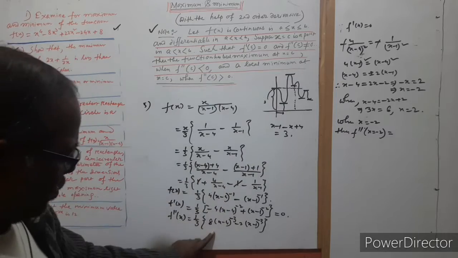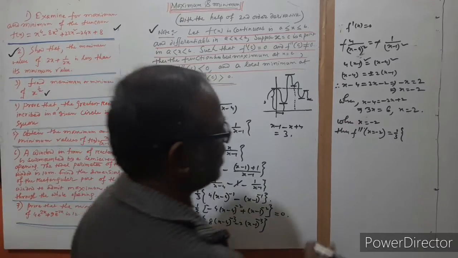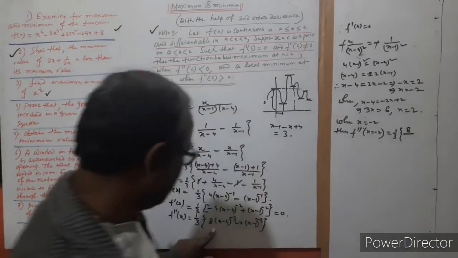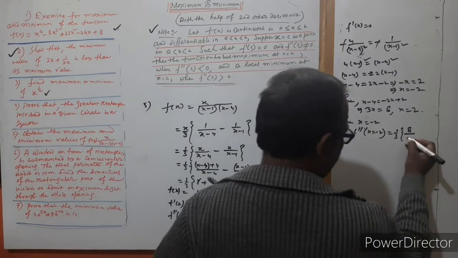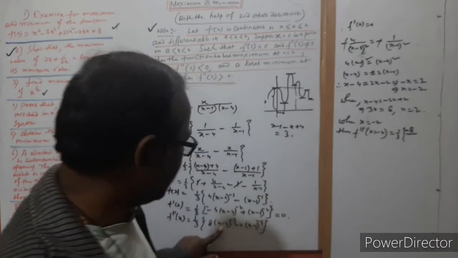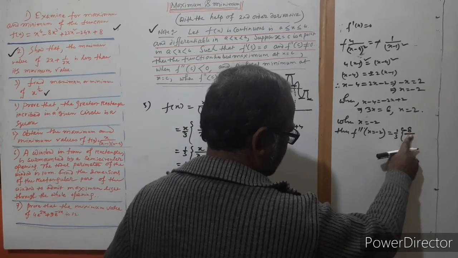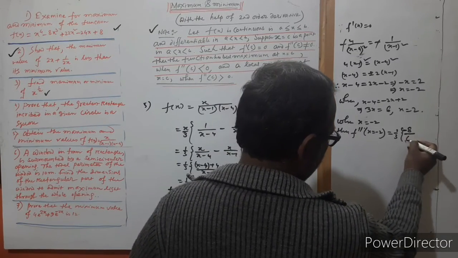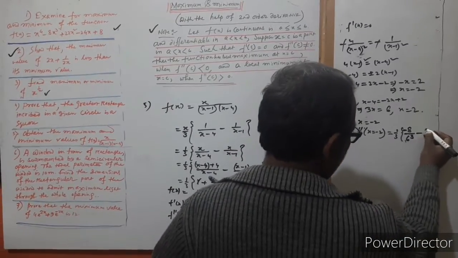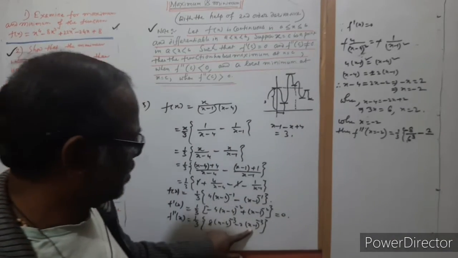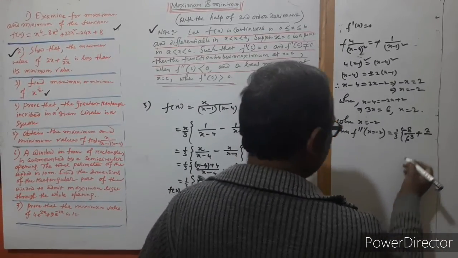See the second order: it is 1/3 times 8 by (minus 6) to the power 3, minus 2 by (minus 3) to the power 3.